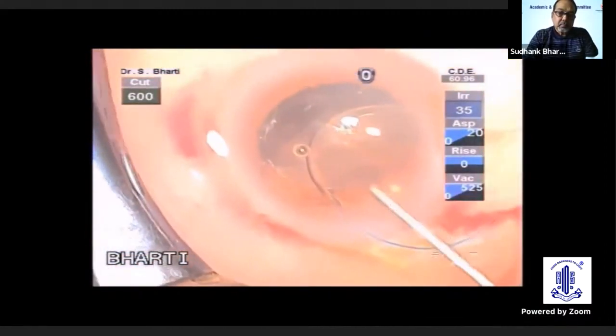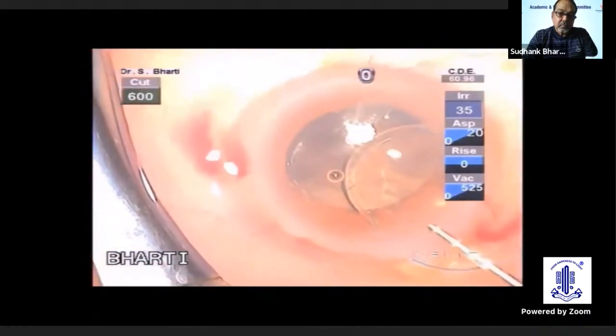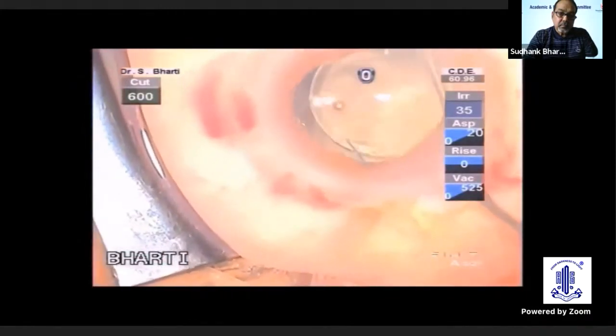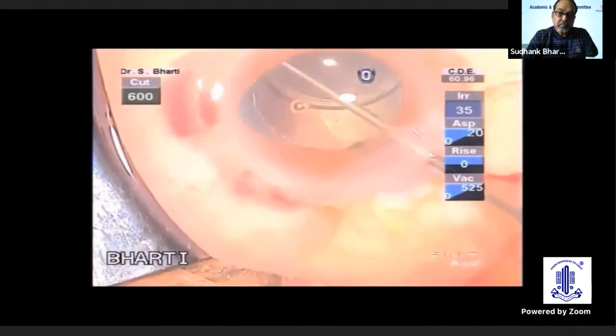A 3-piece intraocular lens is inserted and placed into the sulcus. It is dialed in front of the capsular axis.